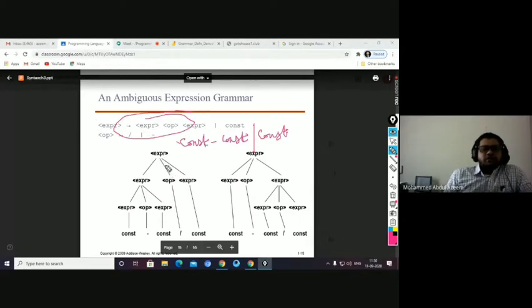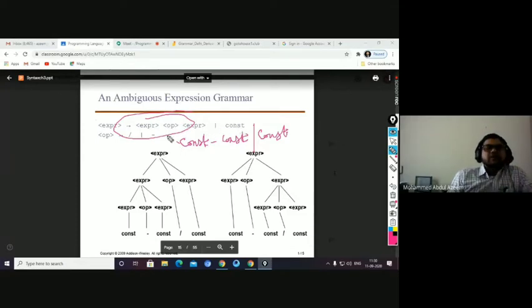Now, how do you derive it? You start with the start symbol of the grammar, expression. There are two definitions for expression: expression, operation, expression, or constant.